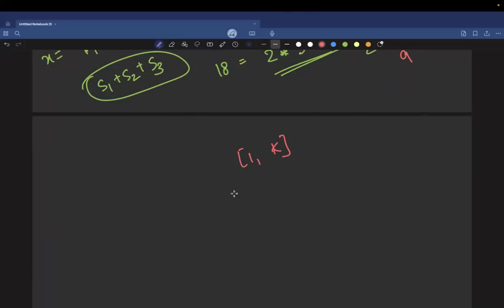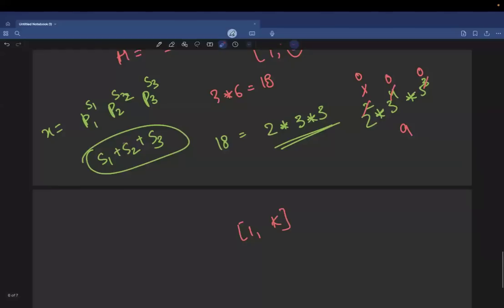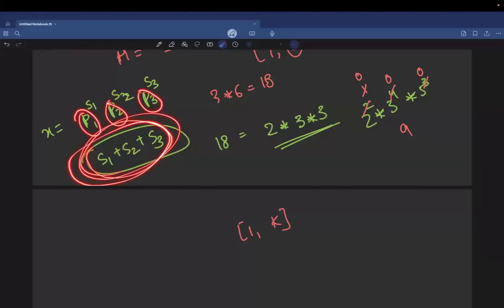killing more monsters. As we have noticed till now, the answer does not really depend upon the prime numbers. Instead, it depends upon the powers, right?